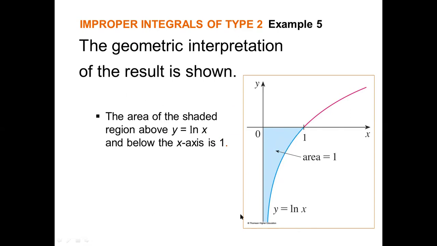And the value of this area is the value of the integral that we have just solved, so the value of that integral is equal to 1. That would be our next topic, areas under the curve and areas between curves and lines.